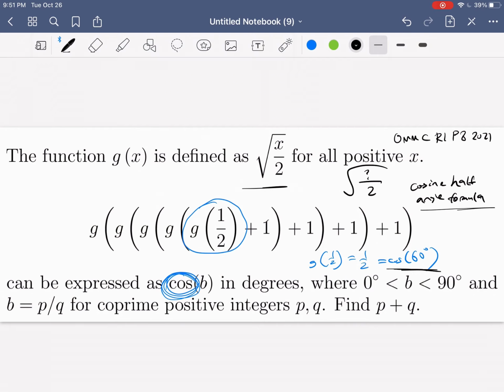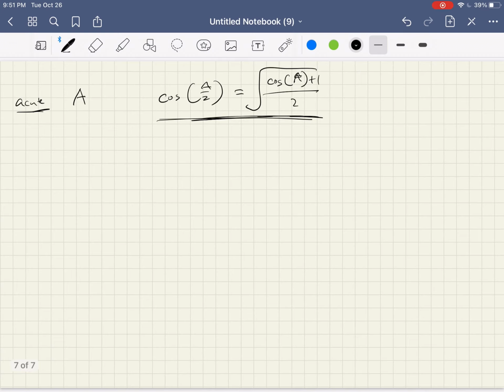So to start off, we'll work from the inside out. We'll take it step by step. So g of 1/2 plus 1, this is going to equal g of cosine 60 degrees plus 1, which equals cosine of 30 degrees.